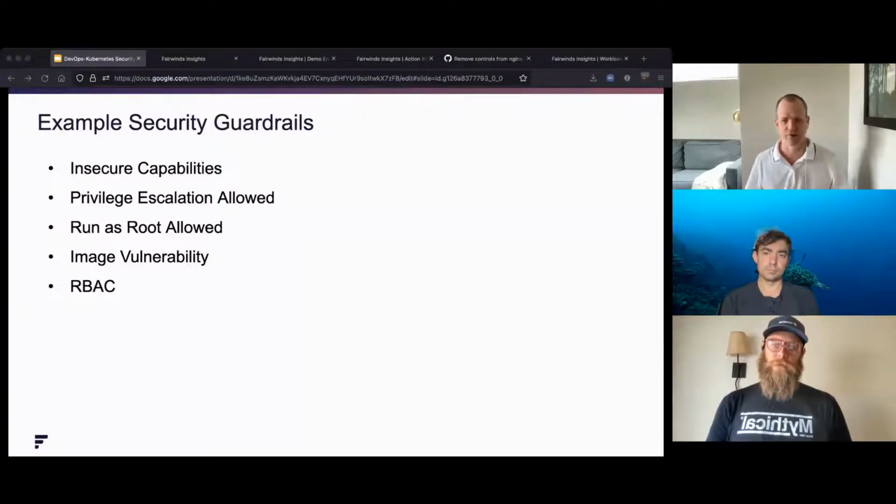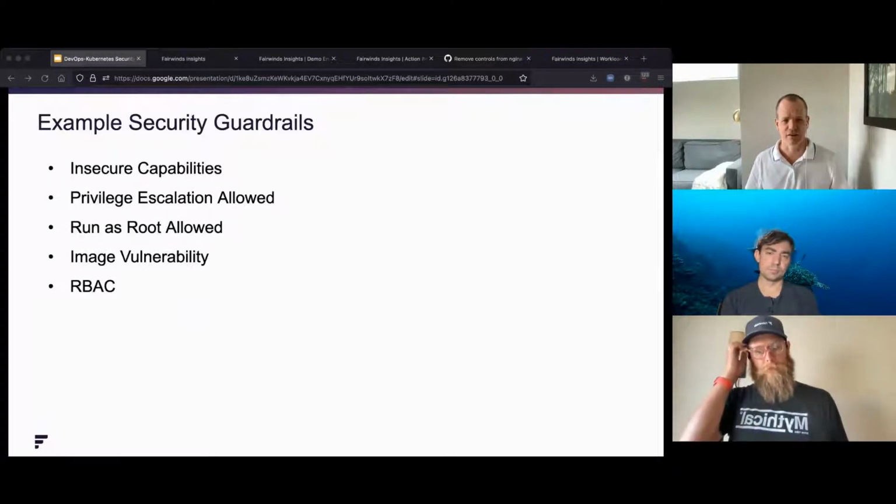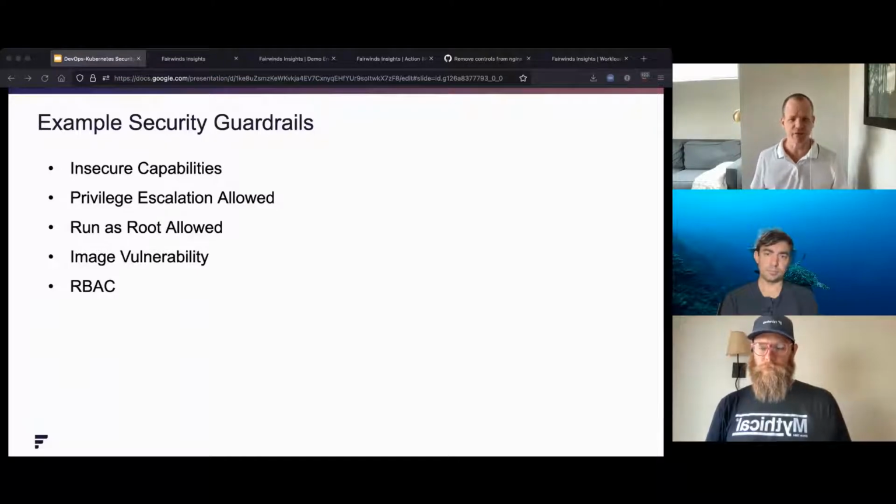So there are capabilities that are still very dangerous, even though your container might not be running, quote unquote, as the root user. For example, there's a capability called cap_sysadmin that is essentially root privileges.